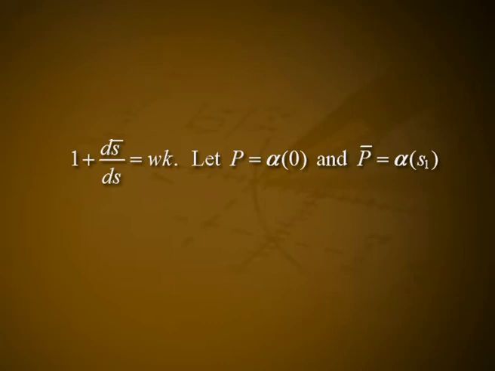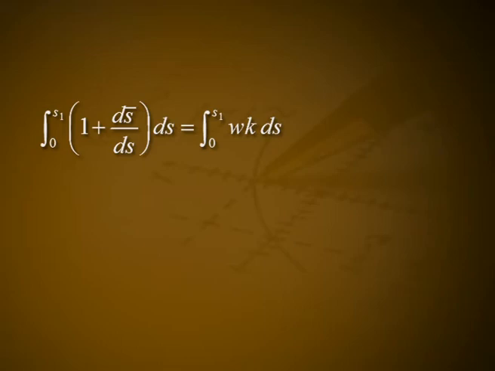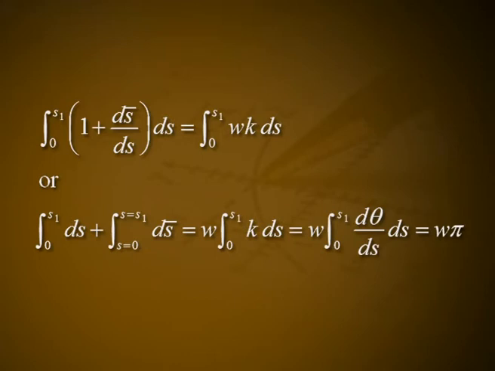Let P = α(0) and P bar = α(s1). Then the integral from 0 to s1 of (1 + ds bar/ds) equals the integral from 0 to s1 of Wk ds. The integral from 0 to s1 of ds plus the integral from s = 0 to s = s1 of ds bar is equal to W times the integral from 0 to s1 of k ds, which is W times the integral of dθ/ds ds, which is Wπ. The integral from 0 to s1 of ds is the arc length of α from P to P bar.